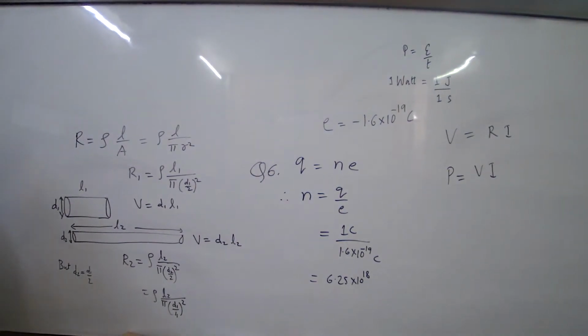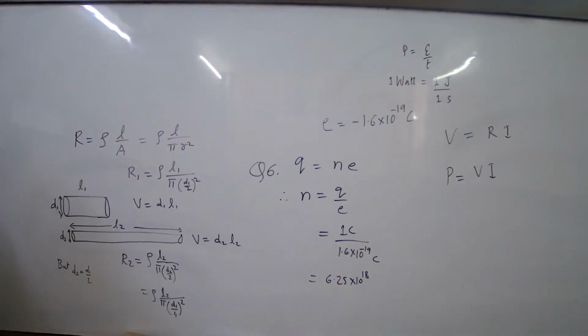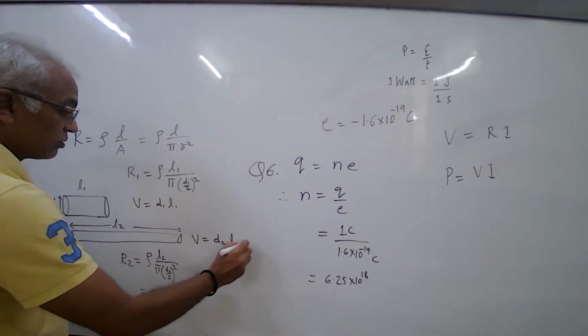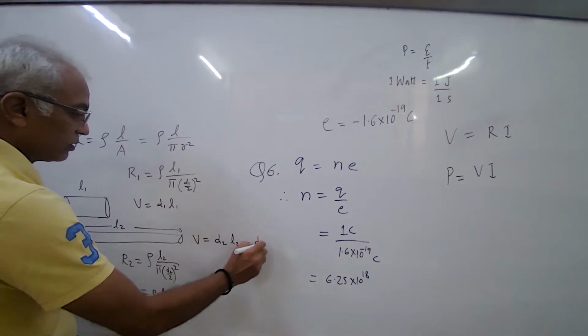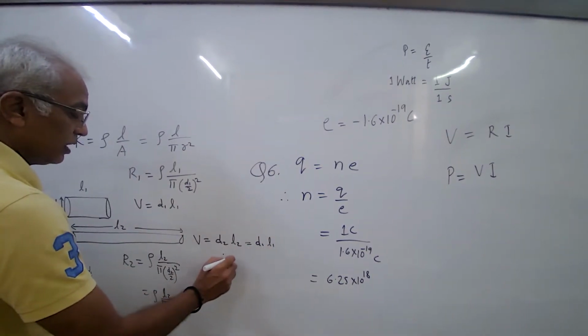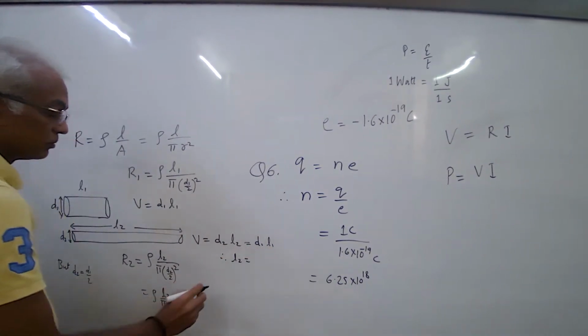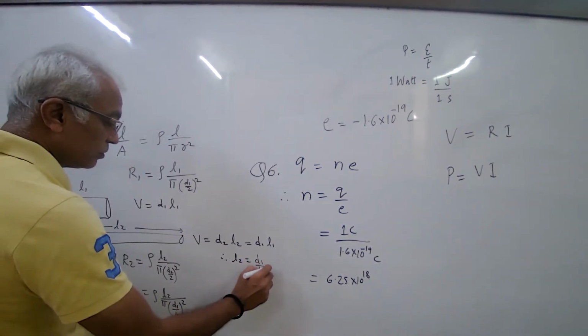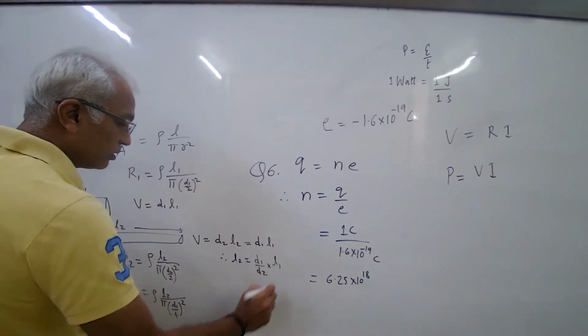The same wire is stretched, so the volume of the wire will not change. So equate. What is the relation between L1 and L2? Therefore L2 is equal to D1 by D2 into L1.